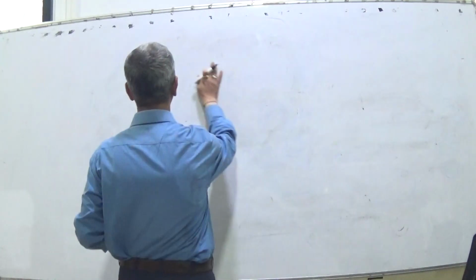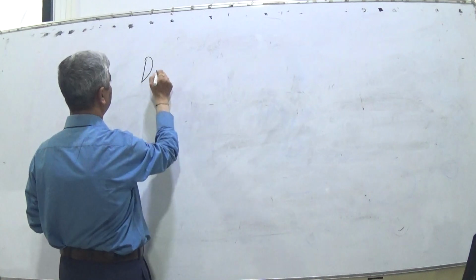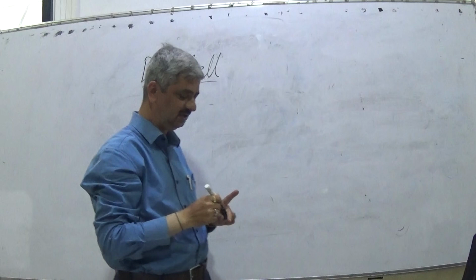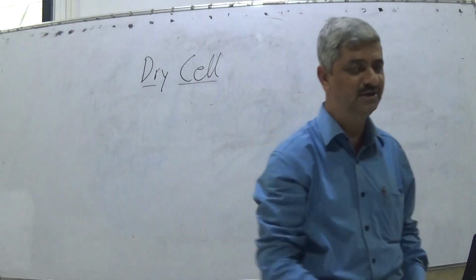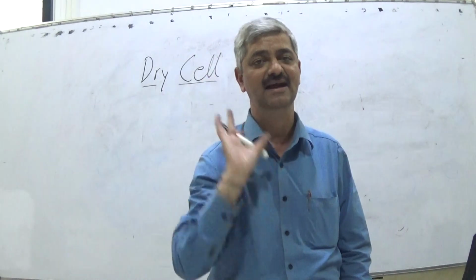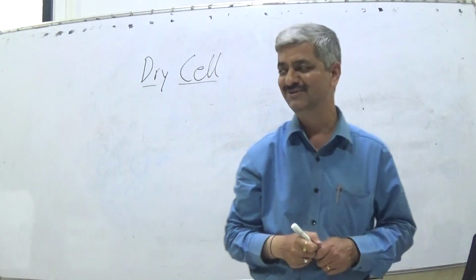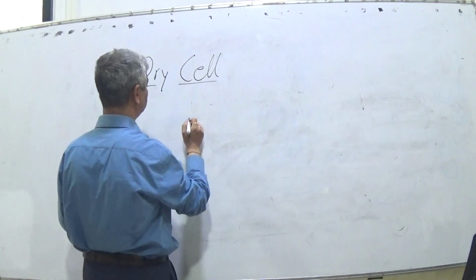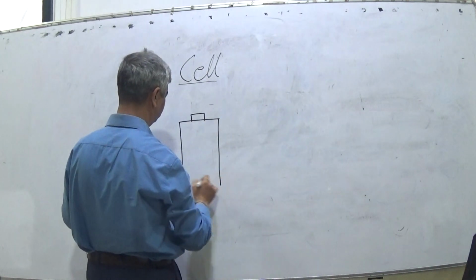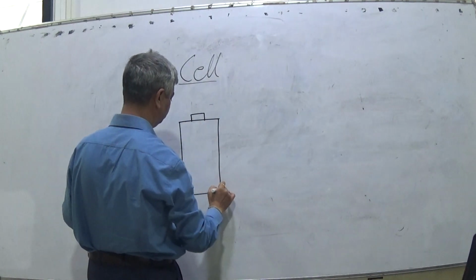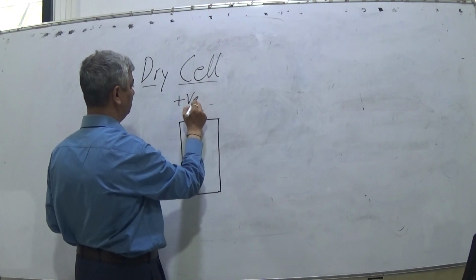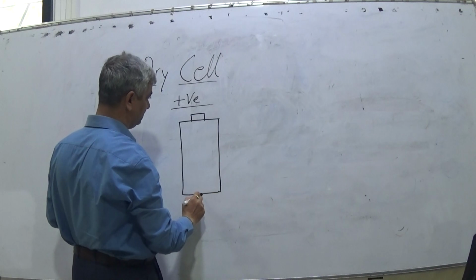So a conventional dry cell, or in non-technical words, battery cell, so that everybody knows, looks like this. This top indicates its positive terminal, and the entire body which is accessible from this is the negative terminal.